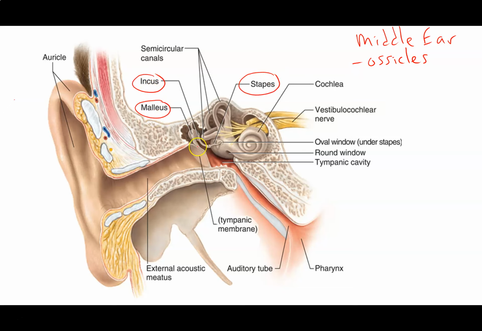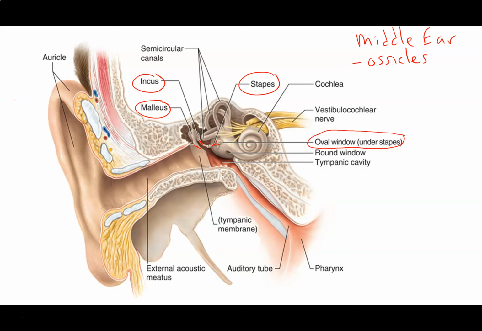The malleus is connected to the tympanic membrane, and then again connected to the incus. The incus in turn is connected to the stapes, and then the stapes interacts with the inner ear. It actually covers up an opening on the inner ear known as the oval window.